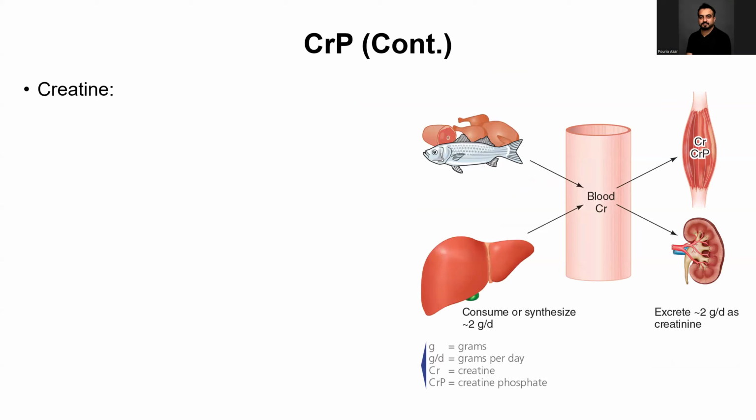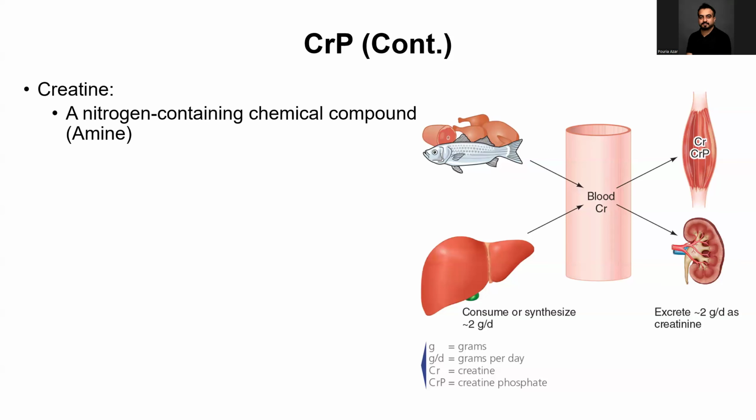And so when we talk about creatine phosphate, it's better to know what creatine is. Creatine is a nitrogen containing chemical compound, and any nitrogen containing compound is also called an amine, like amino acids. Why do we call them amino acids?